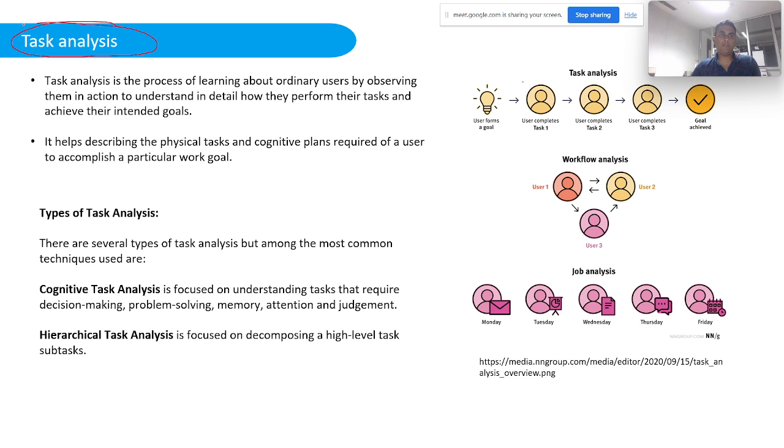Now next is task analysis. Now from here, the kind of user studies are a bit different than the initial user studies. Now here we are trying to get information on particular system specification or ideas. So what happened when we studied the design thinking process or user-centric design process? We have the initial empathy phase, right?